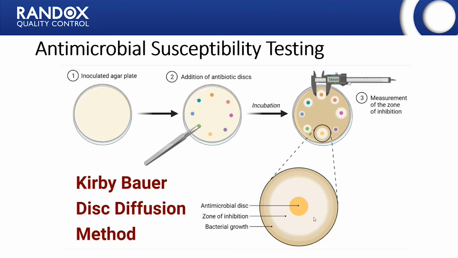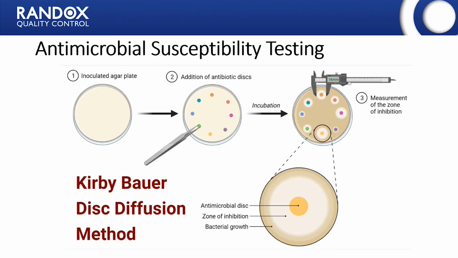You'll have the disc, then an area where there's no growth of microbe because the microbe is susceptible to the antibiotic, and around the outside you'll have the bacteria, which is still growing.